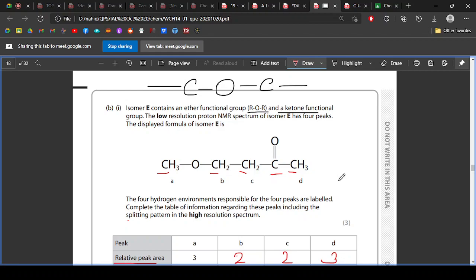Total, how many types of environments? Based on the carbon, not the hydrogen. Each carbon has only one type of environment, right? So how many different environments can we see in this compound?